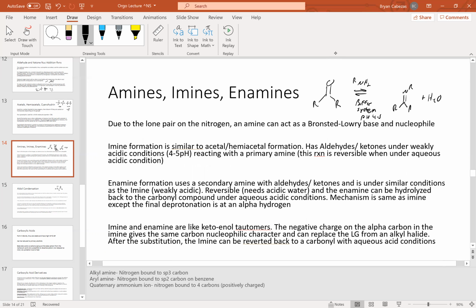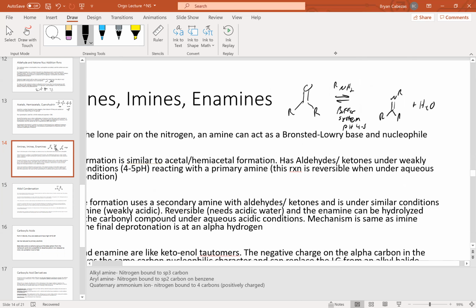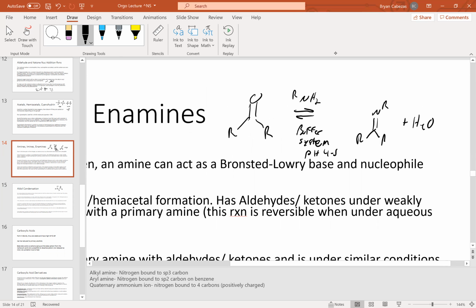Now the formation of an enamine is a bit different. We have a ketone reacting with a secondary amine. So pause if you need to write down this reaction. We have our ketone, and we have the secondary nitrogen on our amine group.